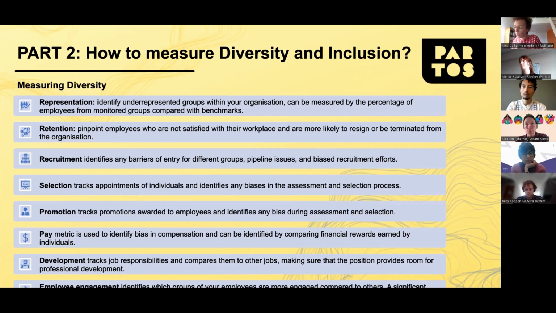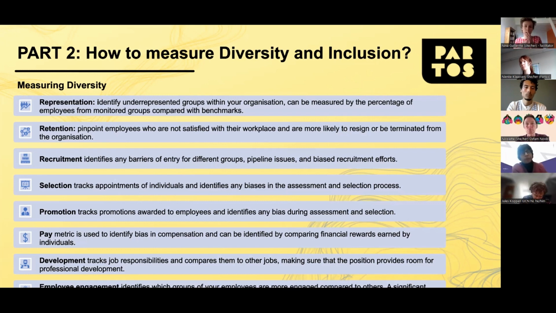So what we want to explain is that whether it is quantitative data or qualitative data, you need to take into consideration the different demographics that you have defined, whether it is age, gender, nationality, but also religion, ethnicity, sexual orientation, disability. So you first have to define which kind of demographics you want to measure.